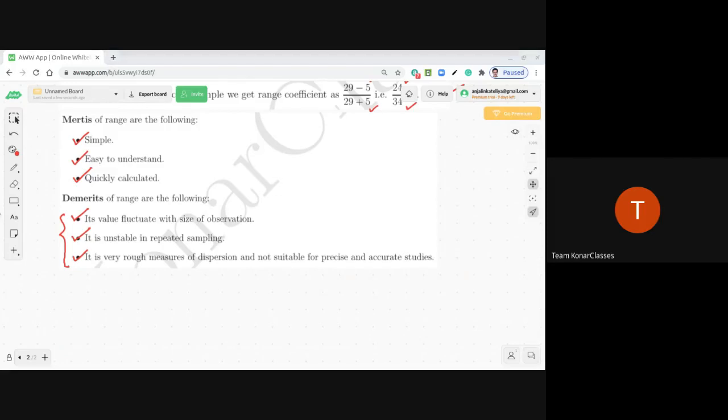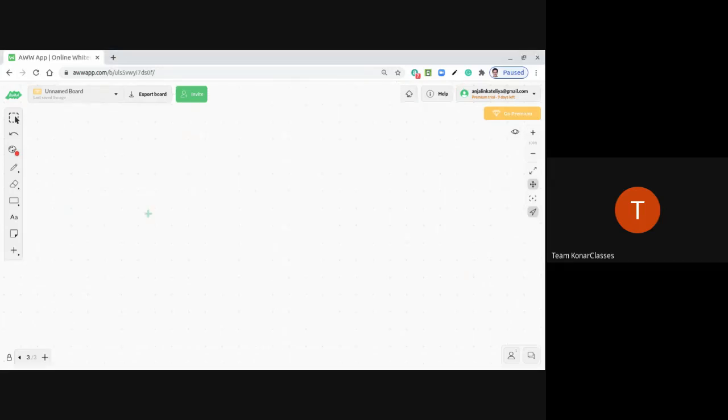Now, dear students, the next point we are going to discuss is called the mean deviation, and this is extremely important. You will get a lot of questions on mean deviation in your exam. First, let's understand what mean deviation is. Dear students, if your understanding is clear, then it will be very simple.